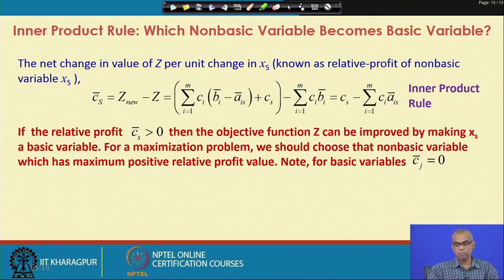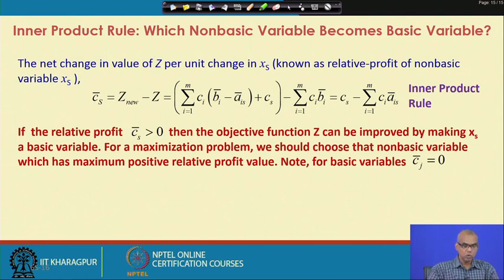Note, for basic variables, this relative profit Cj bar equal to 0. So, this answers the question which non-basic variable will enter the basis.